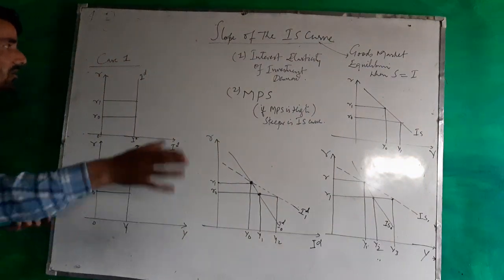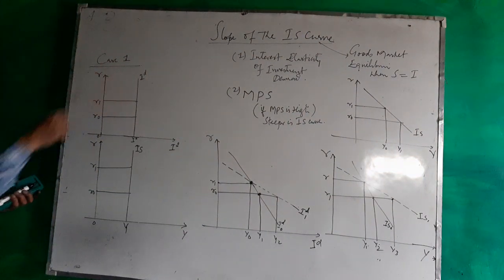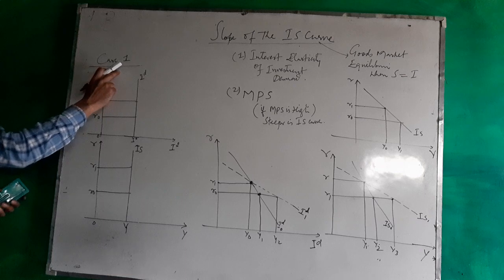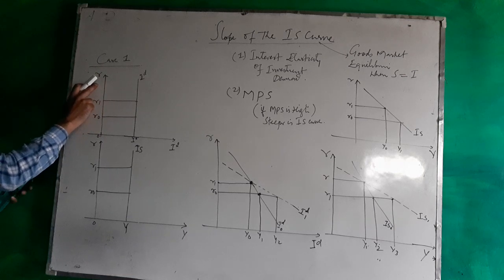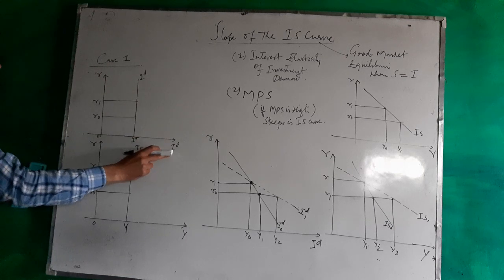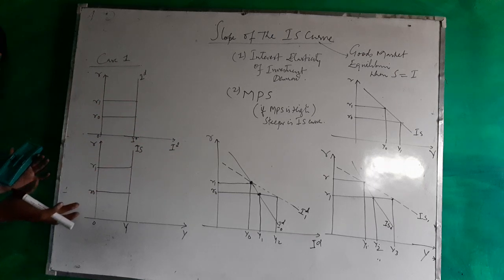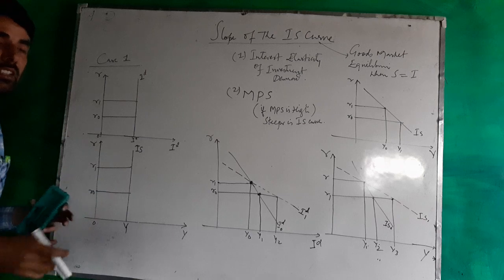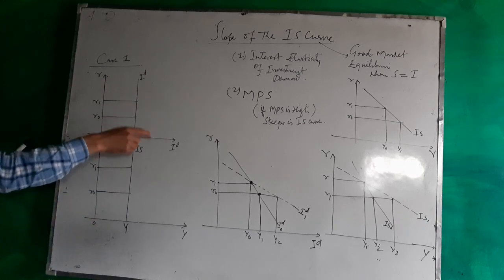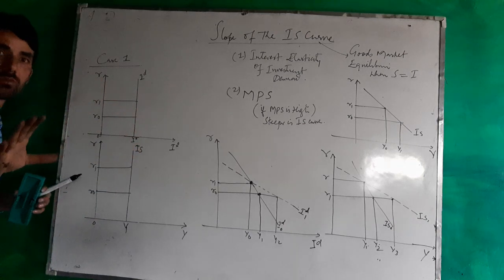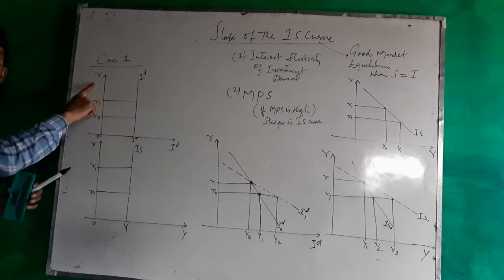Let us take the first case. Here I have put the relation between the rate of interest and the investment demand. We know that the rate of interest and investment demand are negatively related. Here the case is that investment demand is completely insensitive to the change in the rate of interest.